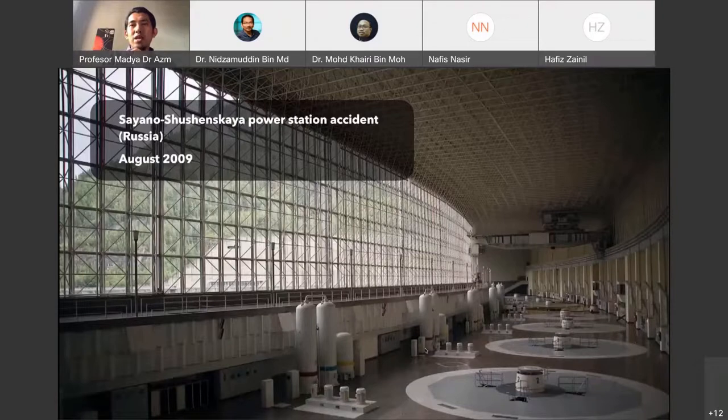And this one is the Sayano-Shushenskaya power station accident in Russia. It happened in August 2009. This is a massive turbine, a rotating machine. The second turbine failed because something happened.